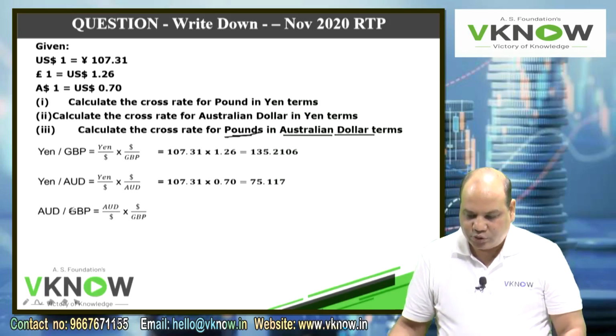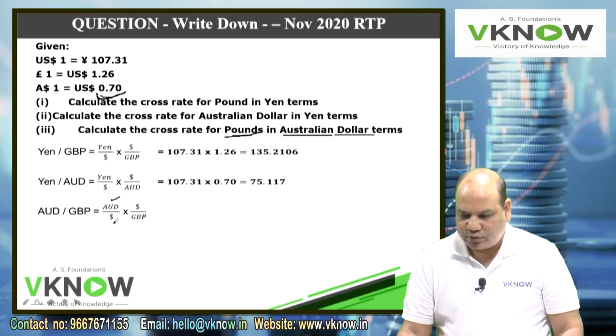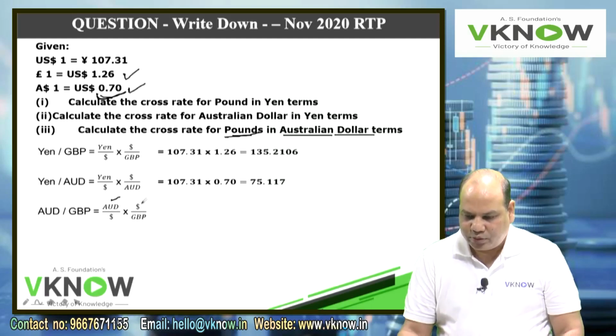Australian dollar you have to write in the numerator. With Australian dollar we have been given the rate for US dollar, per US dollar into cancel dollar, dollar per pound.